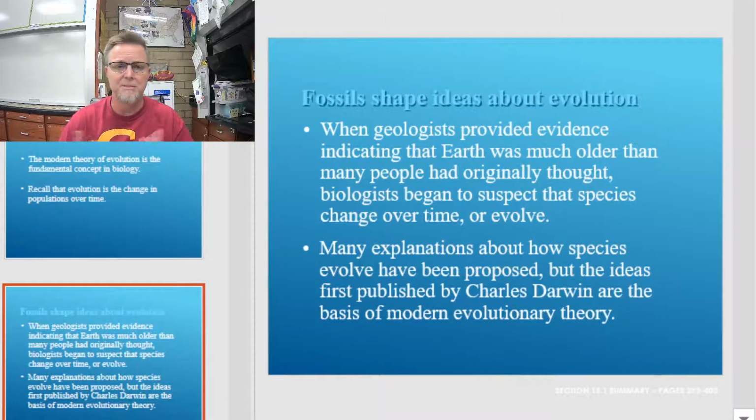Most people dispute evolution by simply saying, the earth isn't that old and there's not enough time for evolution to occur. Geologists were the first people who actually proposed the earth is several billion years old. They themselves haven't settled on an exact age of the earth because the oldest rocks they can find are only about 4 billion years old.